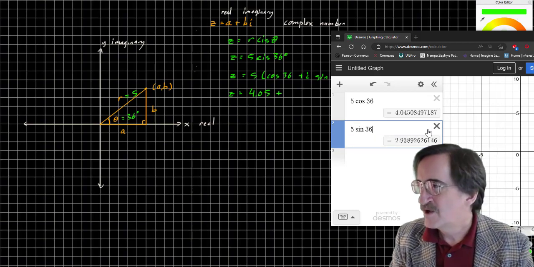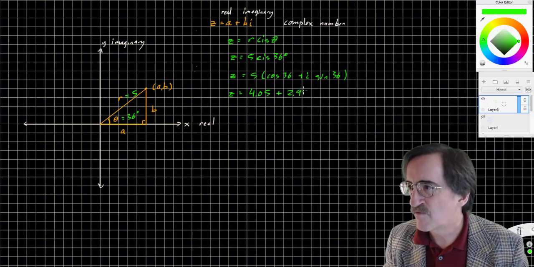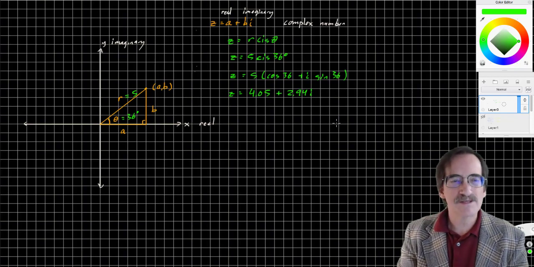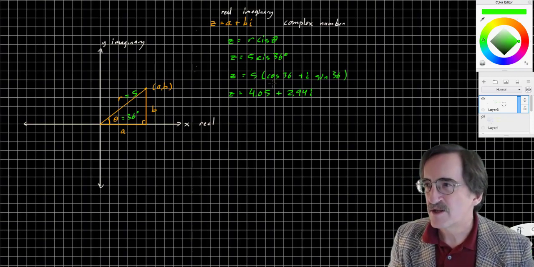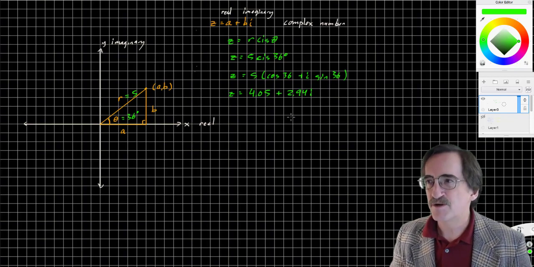Okay, 2.94. So 2.94i. Hopefully that makes sense. It's built right in: 5 cosine 36 is the real part, and 5 sine 36 is the imaginary part.